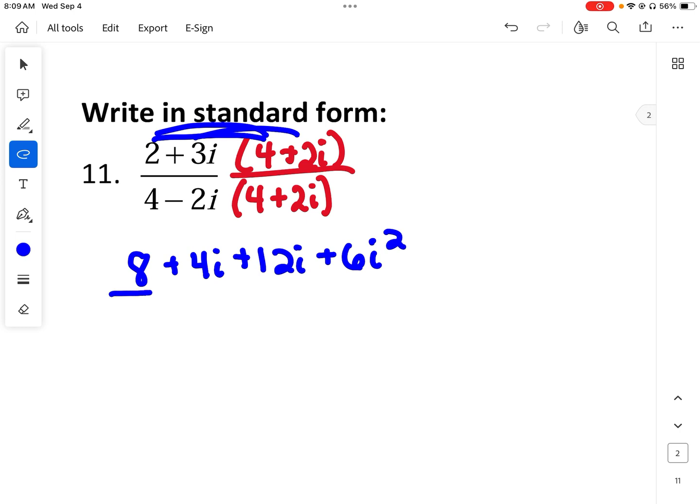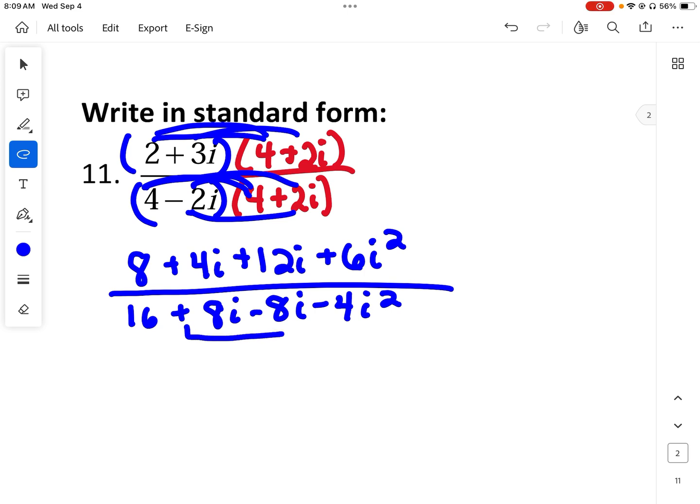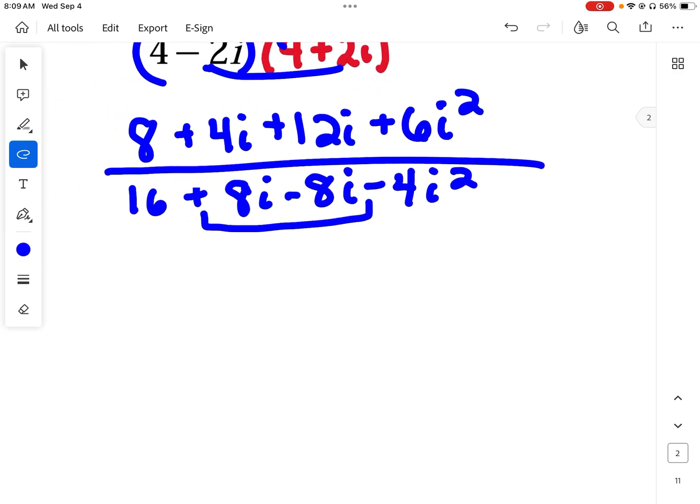Okay, and then the denominator, let's do this, 16 plus 8i minus 8i minus 4i squared. So the denominator, we need to go ahead and get rid of that, right? So let me simplify this.